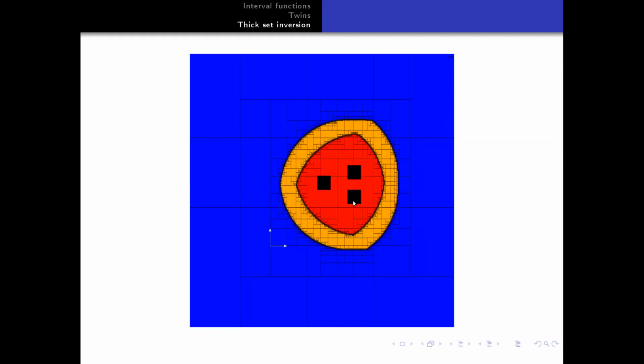So I know that the family of sets corresponding to the set inversion will be approximated by an interval of sets with the lower bound red and the upper bound red plus orange, and this interval of sets corresponds to a thick set.